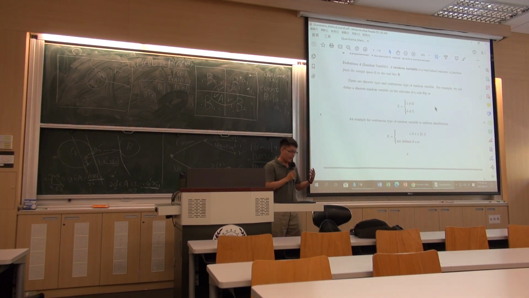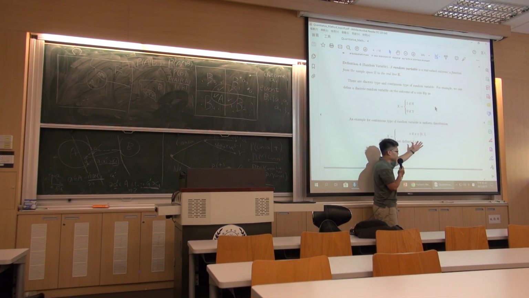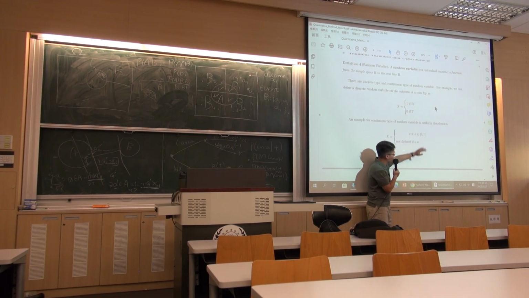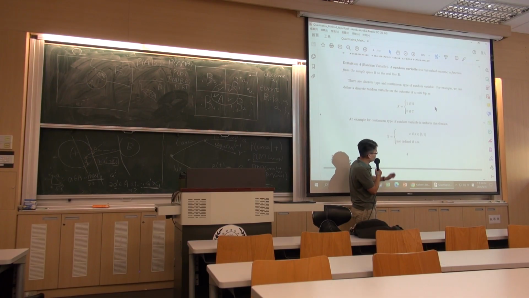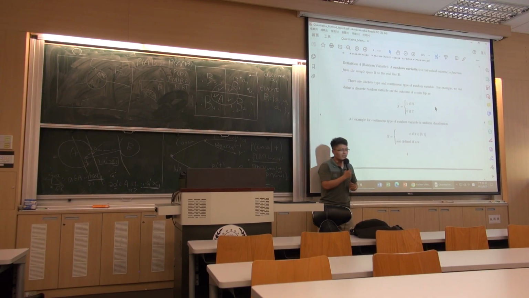We can also have the continuous type. For example, this is a uniform distribution from 0 to 1. You can simply put X as the random draw from the uniform distribution on 0, 1, and not defined otherwise. OW means otherwise.